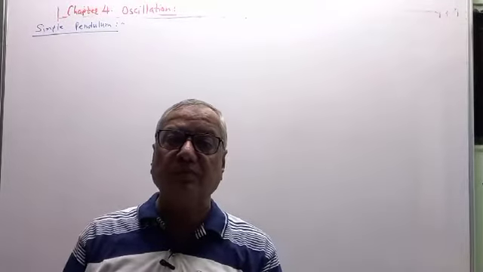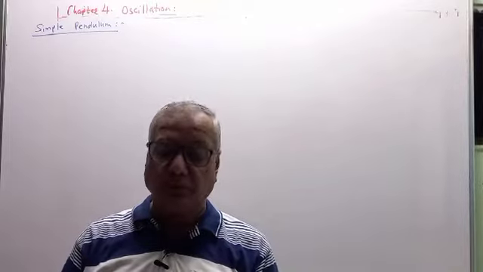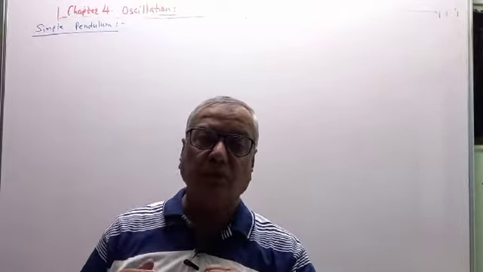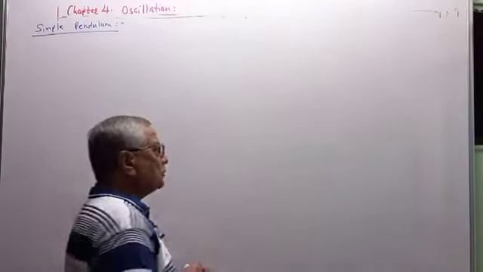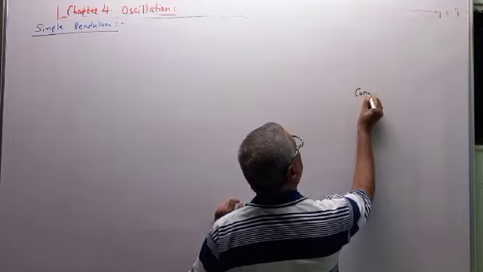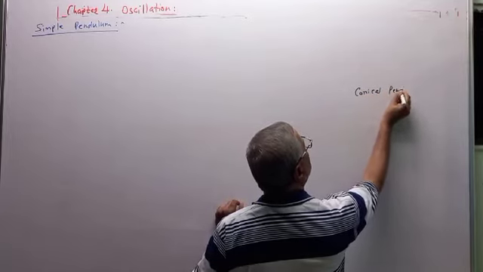Already we know the difference between simple pendulum and conical pendulum. In circular motion, we have seen the comparison of these two pendulums. In case of conical pendulum, what happens?